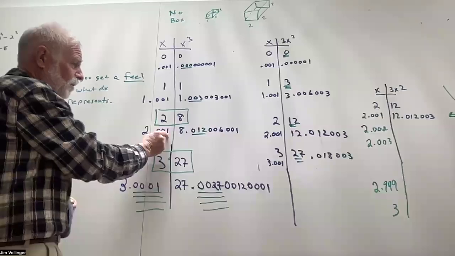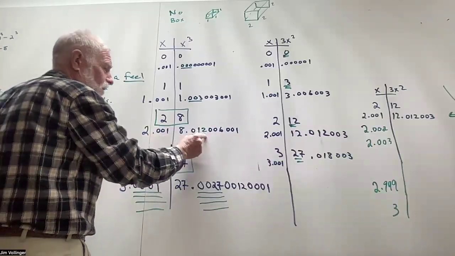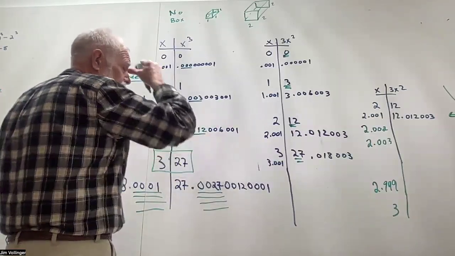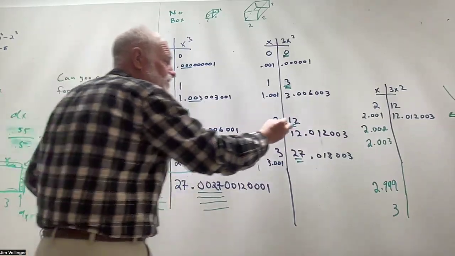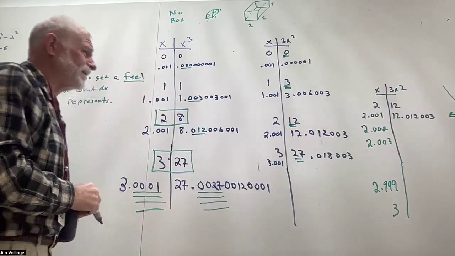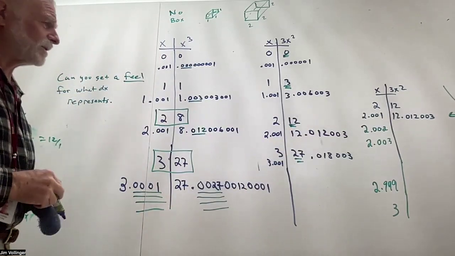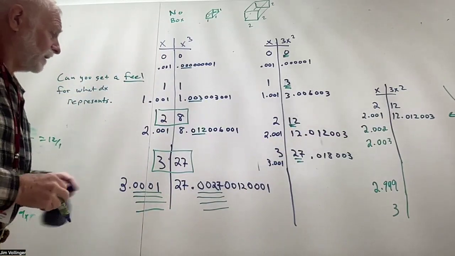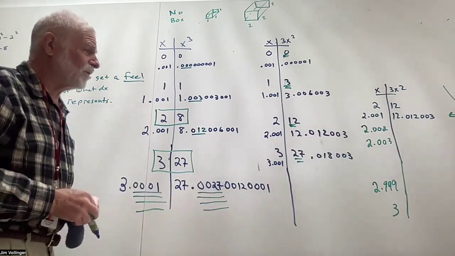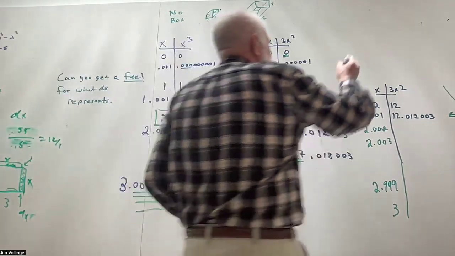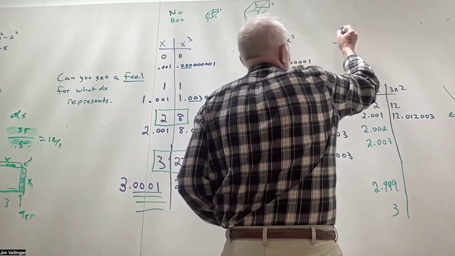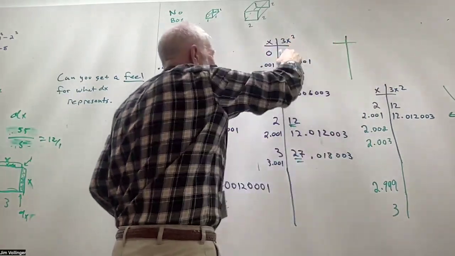And 2.001 cubed is 8.012006001. And if I divide by 0.001, I think I'm changing at 12 to 1. I think that's the rate at which I'm changing, 12 to 1. And 3 gets me 27 to 1. Wow. I wonder if I could come up with a... 3x squared.